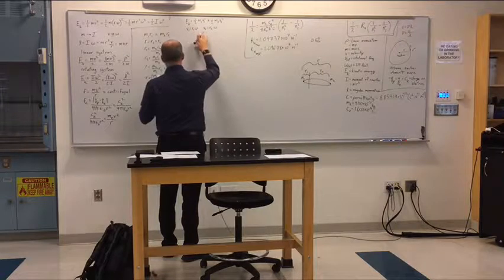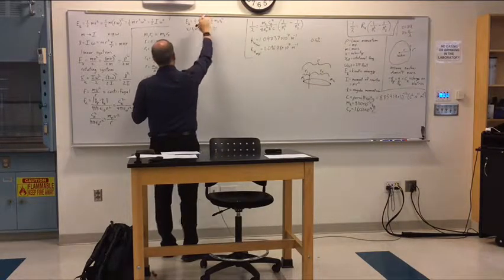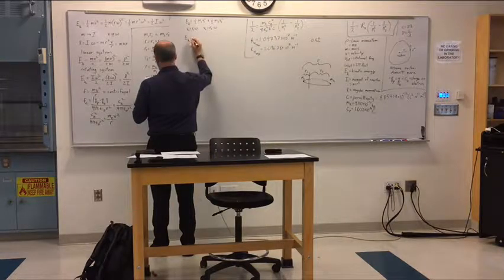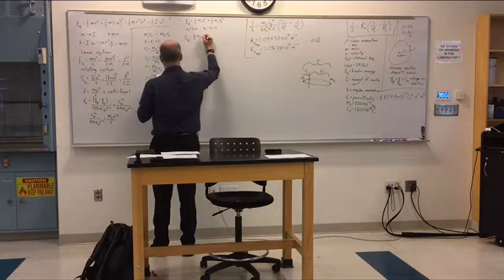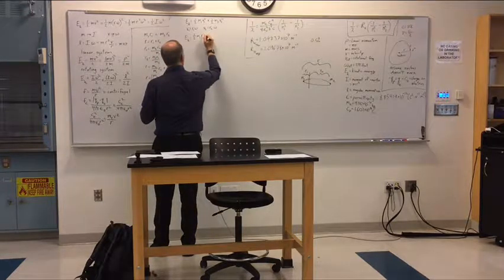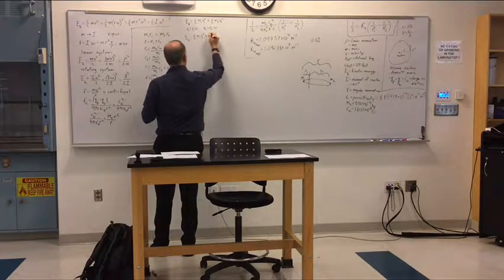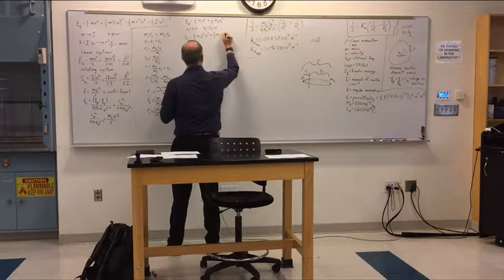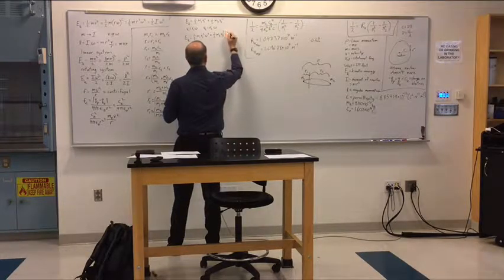So plugging this back up into there, we get kinetic energy is equal to 1/2 m1 r1 squared plus 1/2 m2 r2 squared omega squared.